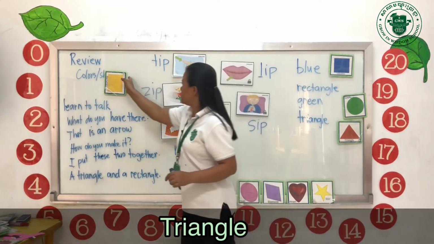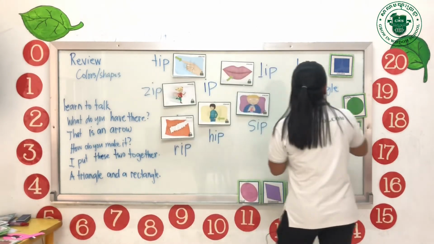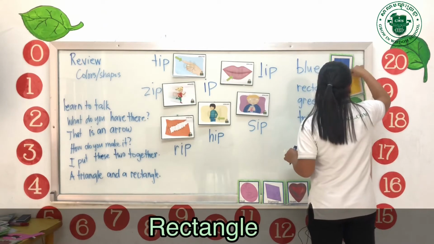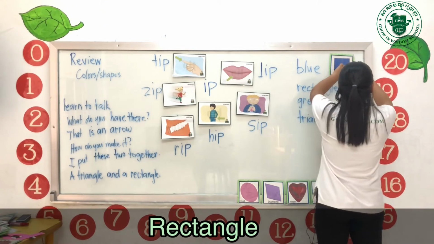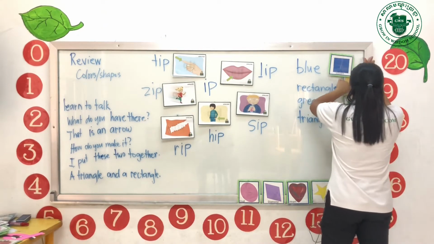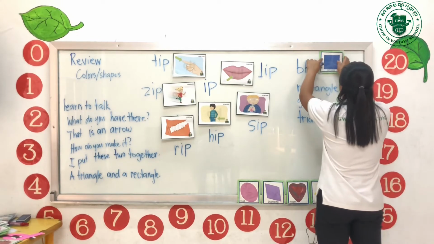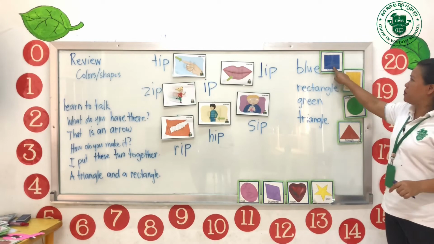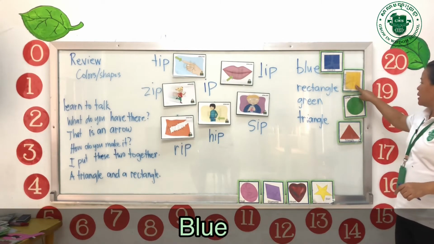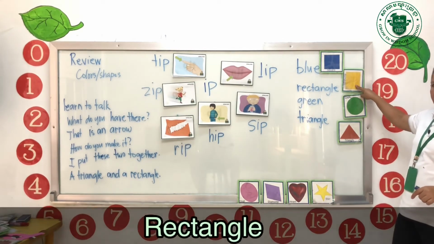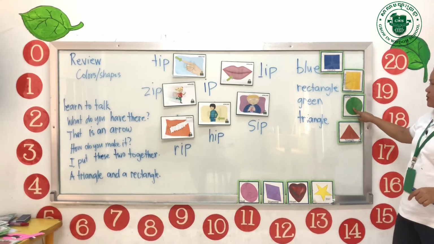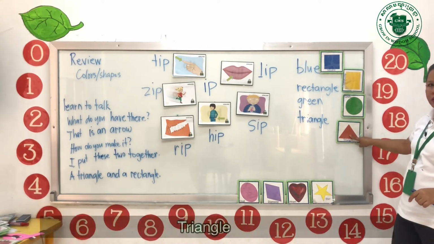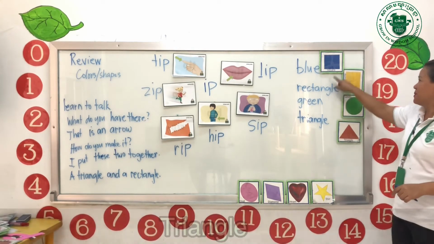And this one is a rectangle. Okay, let's see. Blue, rectangle, green, triangle. Again, one more time.